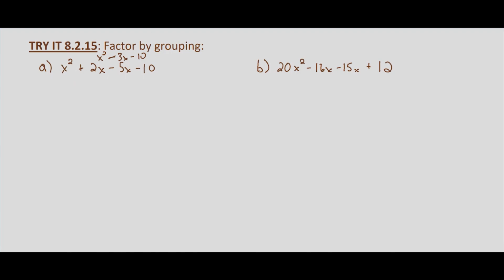For the first two terms and the second two terms, we have a common x in the first two terms, so x times x plus 2, and then plus negative, or we could just say minus, and the common factor in 5x and 10 is going to be 5 times x minus 2, or excuse me, x plus 2, because we have the negative out here, so negative 5 times x, and then negative 5 times 2 would be negative 10, so x plus 2.